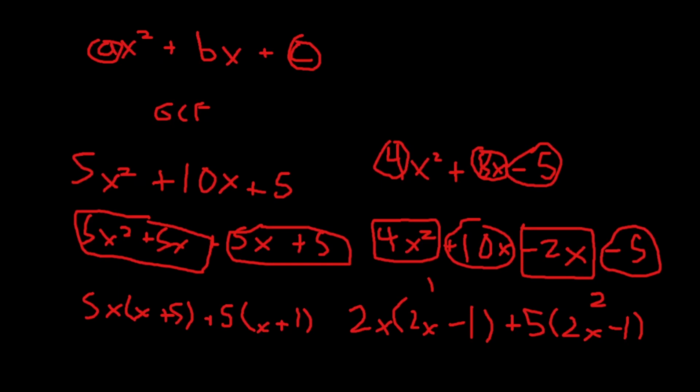Oh, sorry, I made a mistake. The answer should not be 5 in that parentheses. It should be 1, because we divided 5x by 5x. That's another important thing. Saying stuff out loud while you do it, or in your head, can help you catch when you make mistakes. But anyways, this simplifies to 5x plus 5.